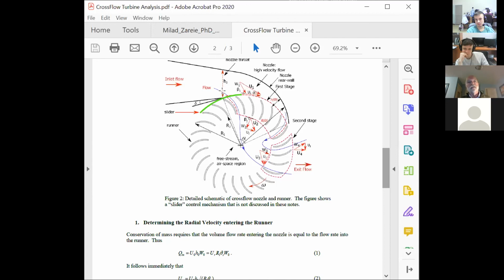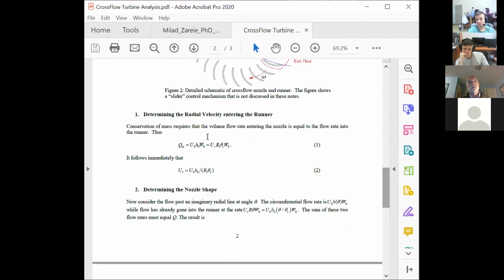If we know how many kilograms per second of water is coming through the nozzle throat, and the flow is steady, then that's the same number of kilograms per second that's going into the blades. So the first principle that we use is conservation of mass.